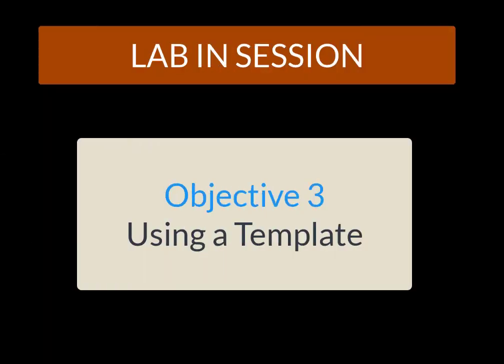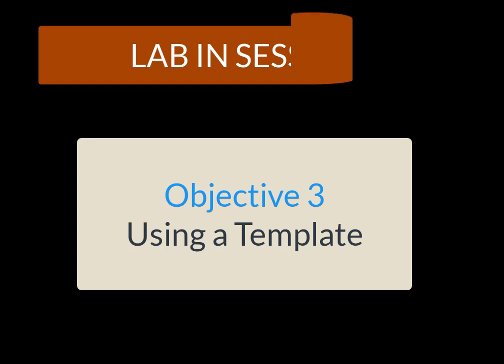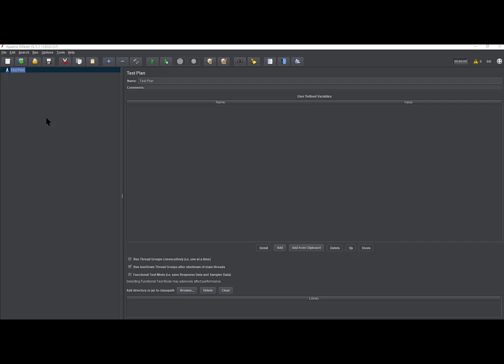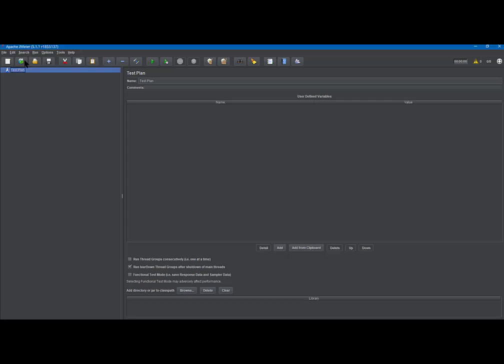In this objective, we cover using a template. We tested a script against Google, creating it manually. This time we want to create the similar script but using a template. So we can do that in one of two ways.